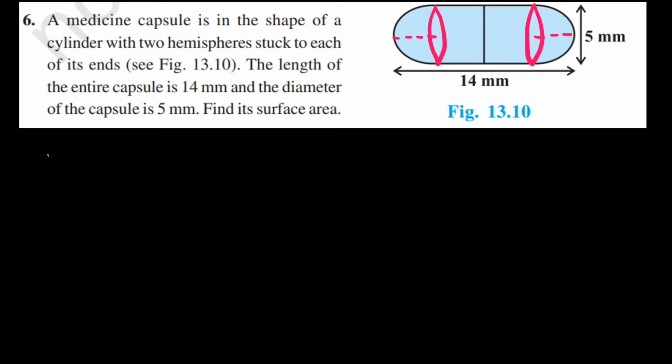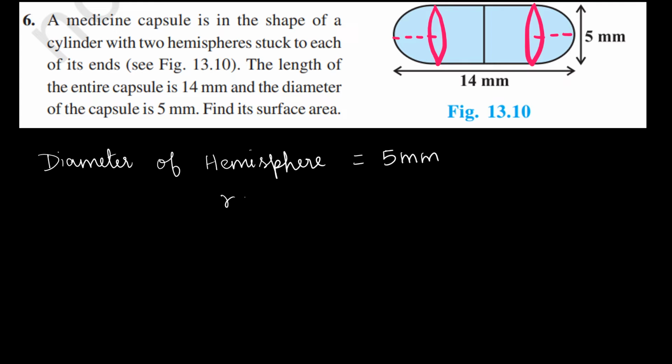Now what they are telling us, the diameter of the capsule, that is the diameter of the hemisphere. You can take it as the diameter of the hemisphere or the diameter of the cylinder, right? The diameter of the hemisphere is given as 5 millimeter. So what is the radius?